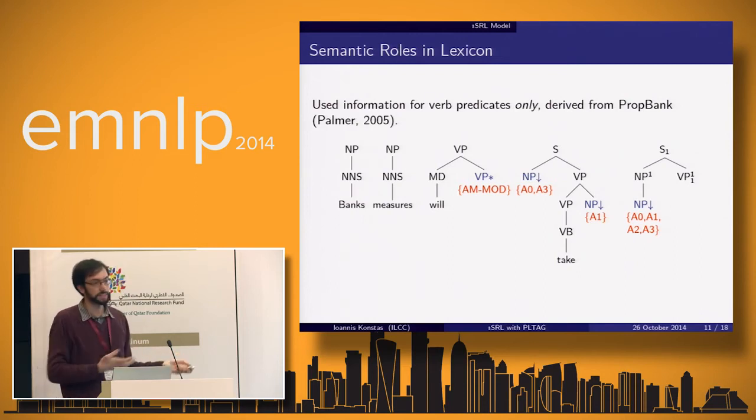And this makes sense because you have a whole training set where you will have seen this particular tree or any other tree in different contexts. So in that particular context, that could be an A0, an A1, or this verb to take could be an A0 or an A3 on this particular NP node over there. So we take the original lexicon for PLTAG and we augment it with semantic role information.